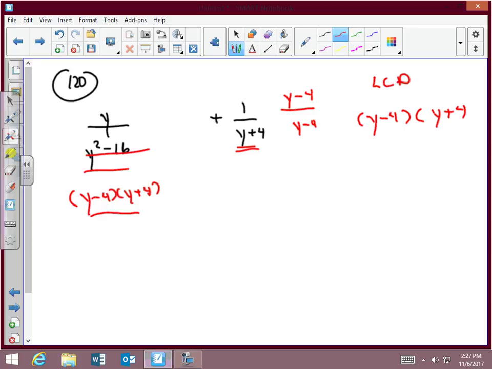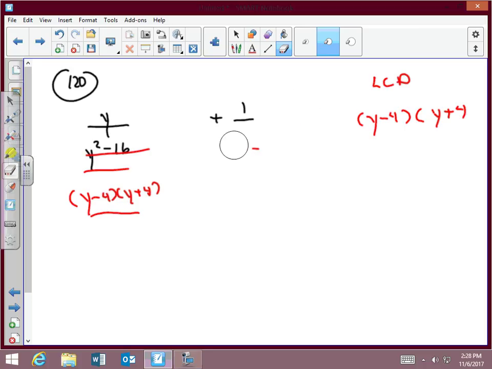What did I do? This is supposed to be y minus 4 here? Okay. It won't change the least common denominator, will it? It'll just change what we multiply it by. Y plus 4, right?